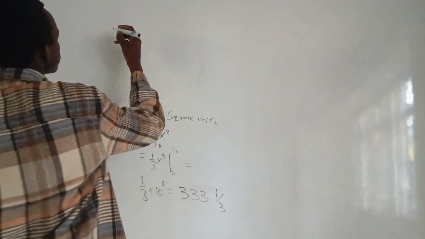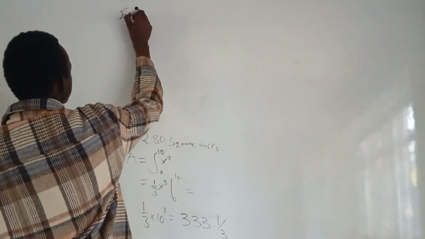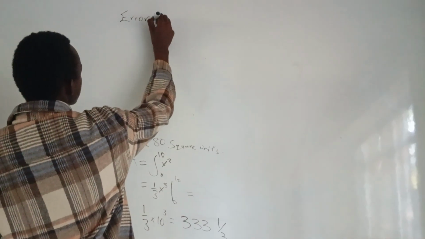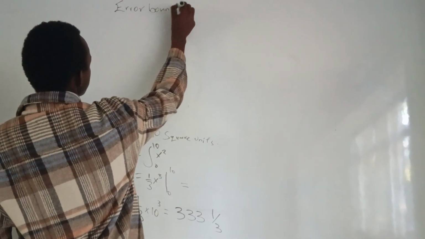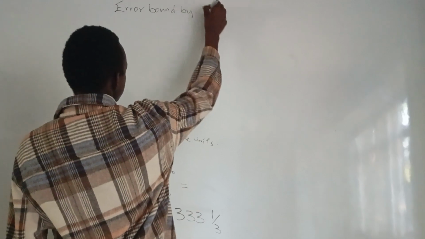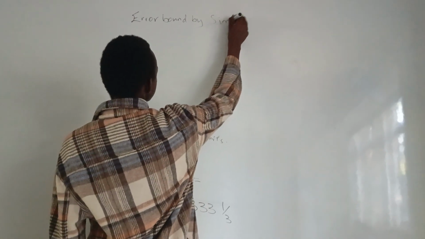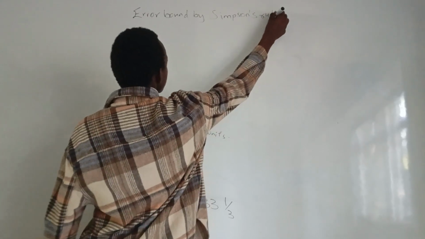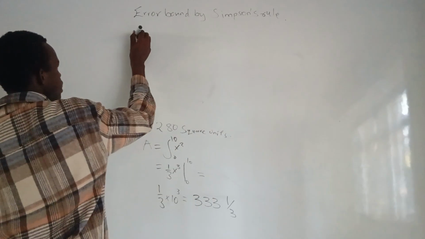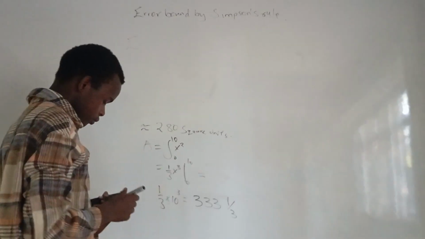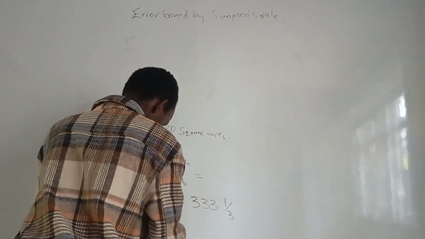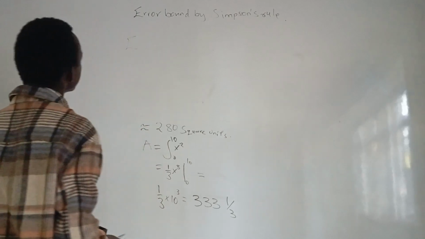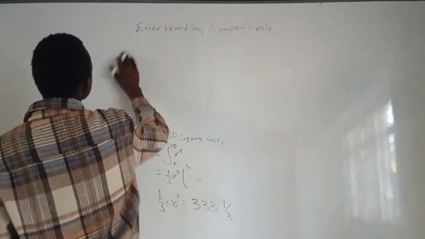So our error bound by Simpson's rule, we have the formula given by the Simpson's rule.